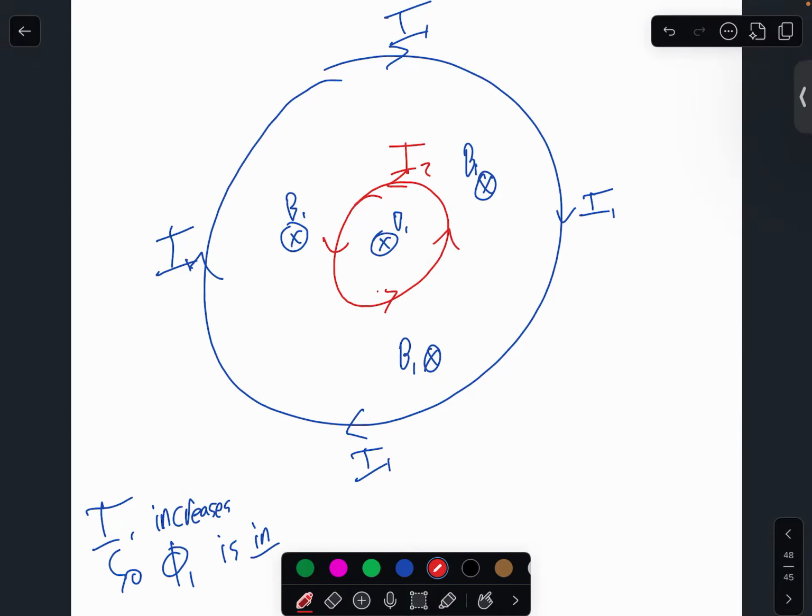Correct answers are in or out. I'm saying now the current is decreasing instead of increasing. The original current is decreasing, so I'm getting less and less inward pointing field.